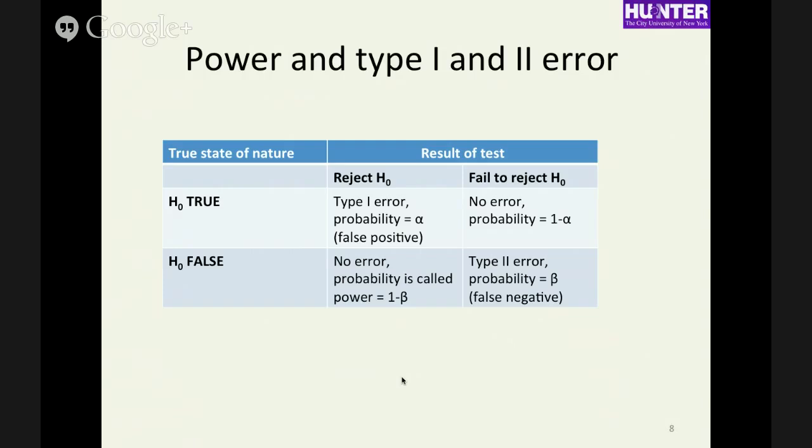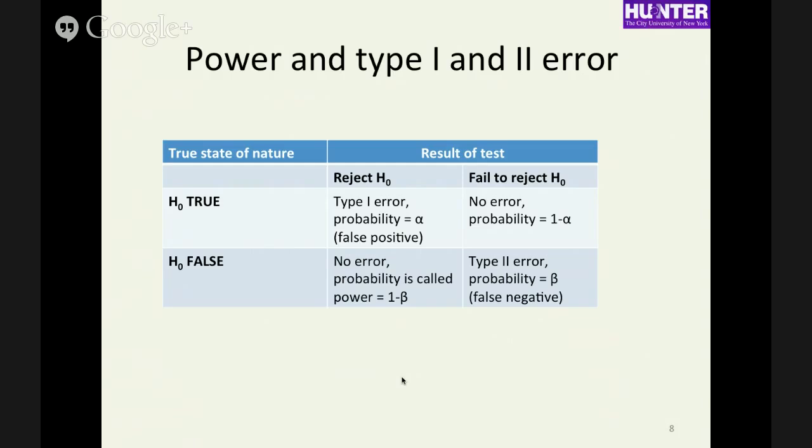Then there is the type 2 error, which is where actually the null hypothesis is false. Our alternative hypothesis is true, but we fail to reject the null. So you remember that in general, we don't reject the null hypothesis unless we have abundant evidence to reject it.